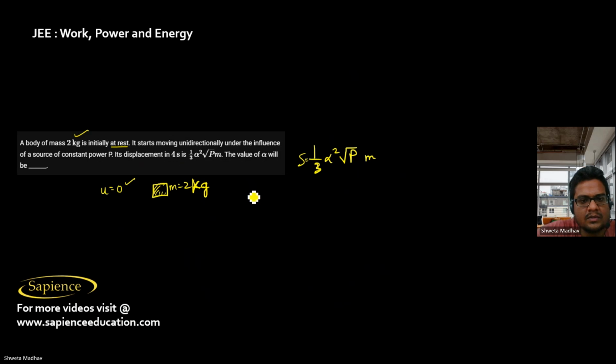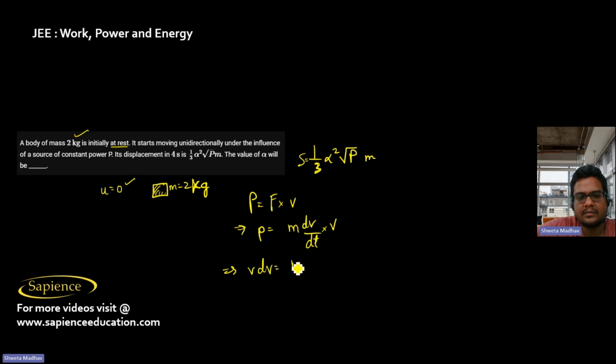So the power is constant, means force into velocity is constant. So I can say P is equal to m dv by dt into V. That means V dv is equal to P by m into dt.